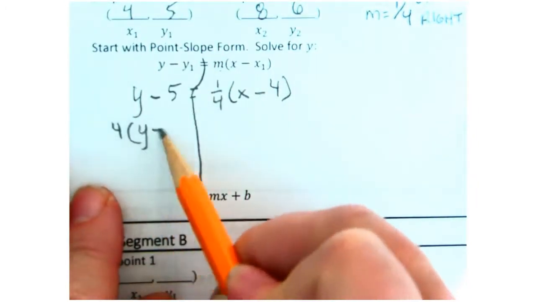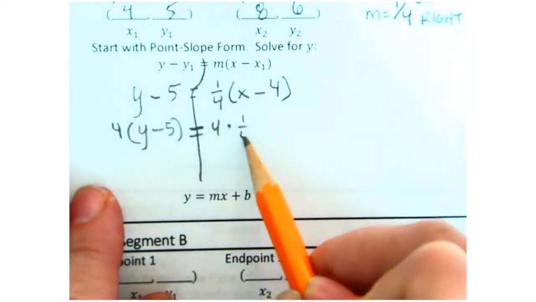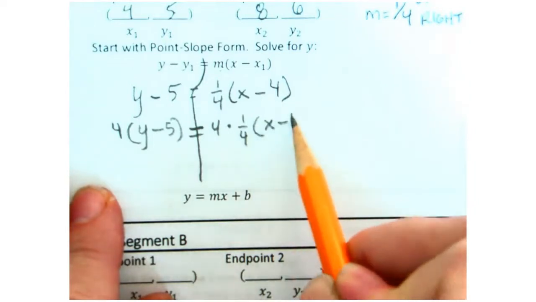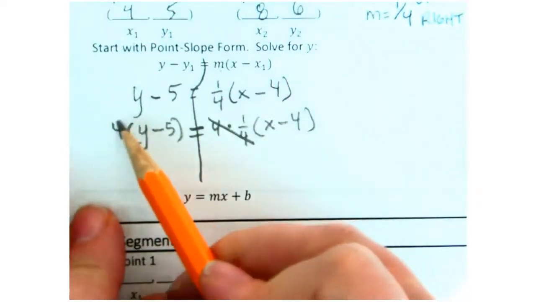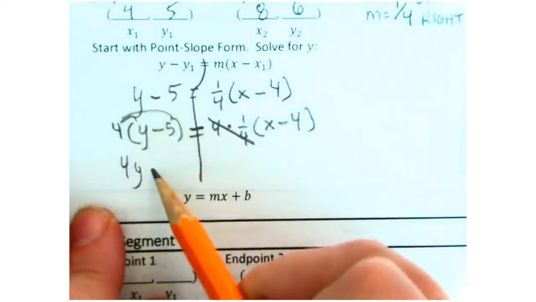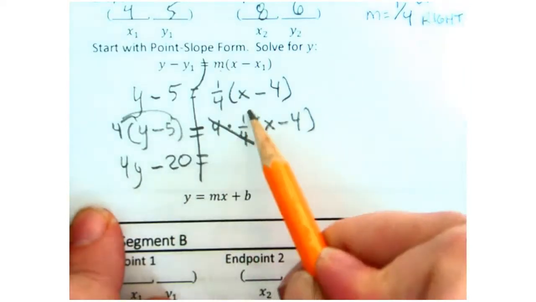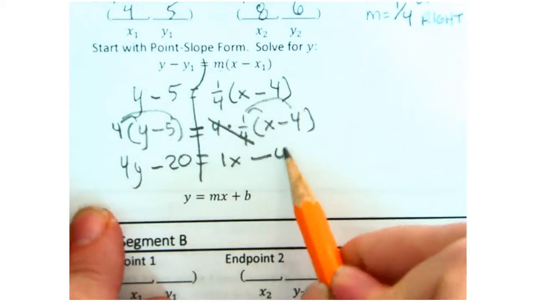Multiply both sides by the denominator, 4. Cancel the 4. Now distribute: 4y minus 20 equals 1 times x minus 4.